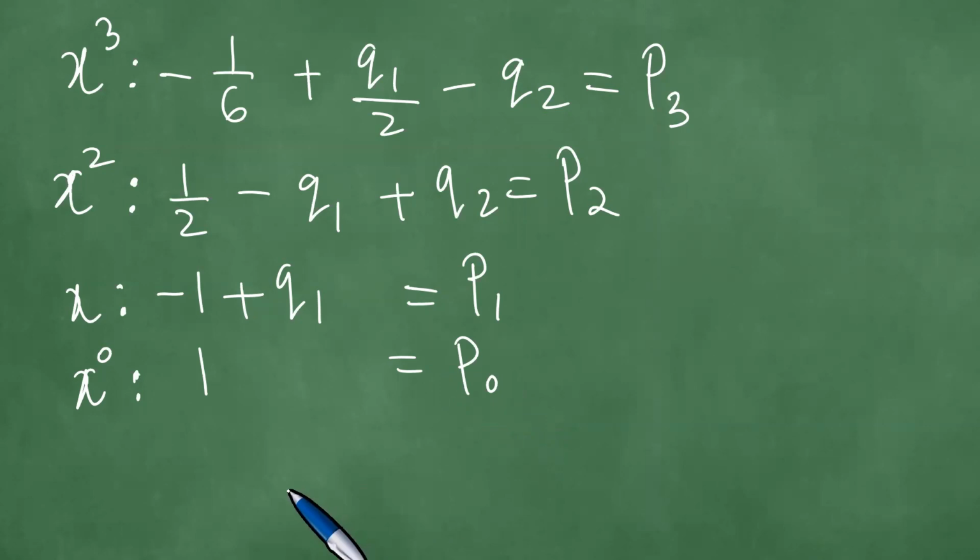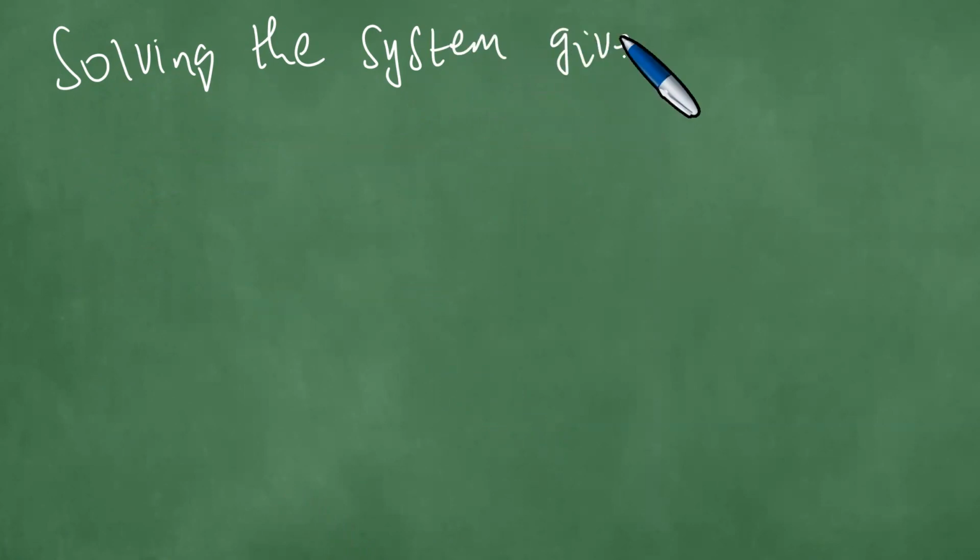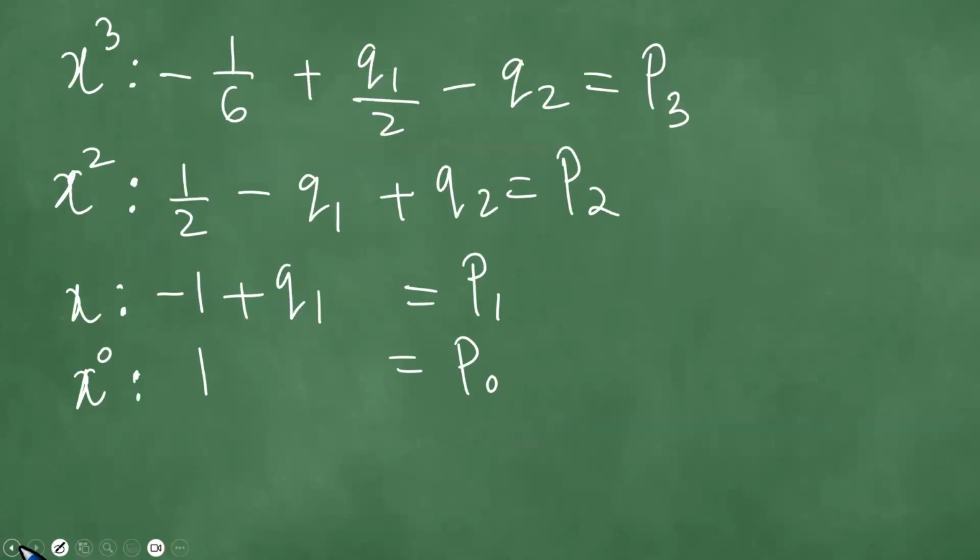Like so. Solving the system gives P1 equals... so in other words, right now, we need to solve for the system. It gives a P naught. What is P naught?